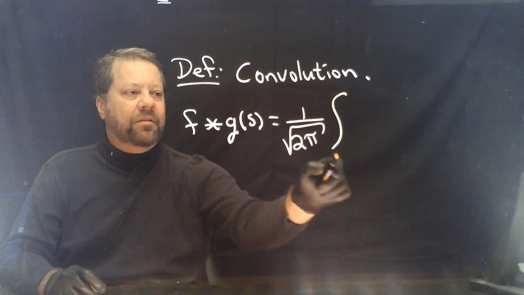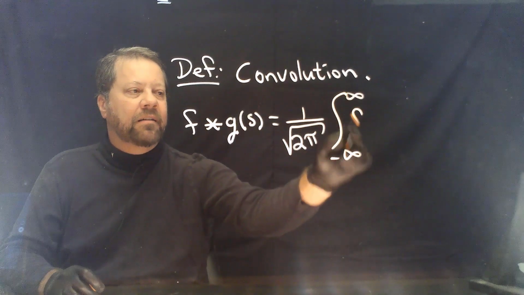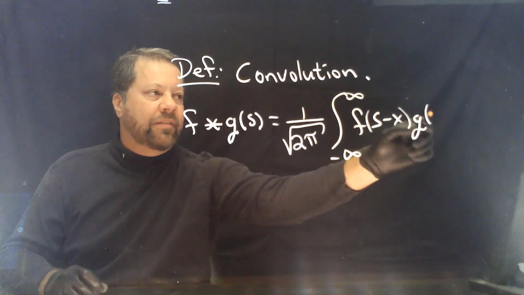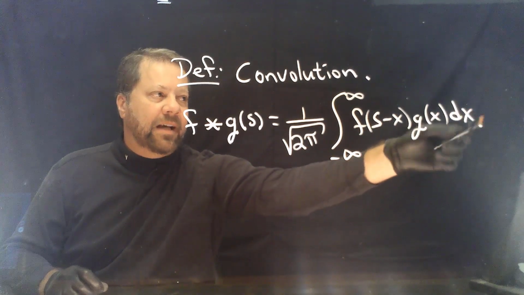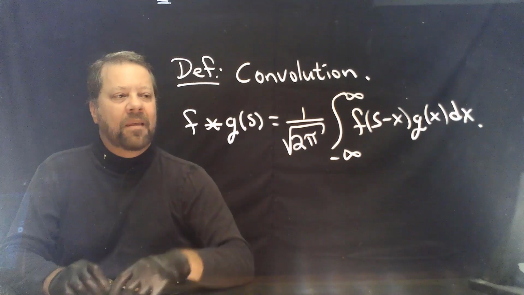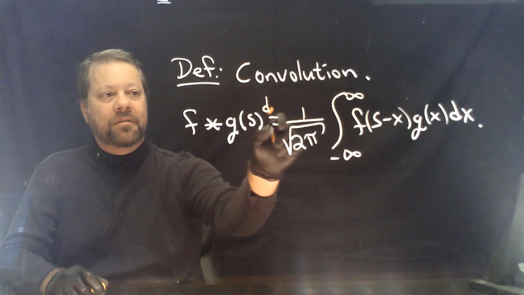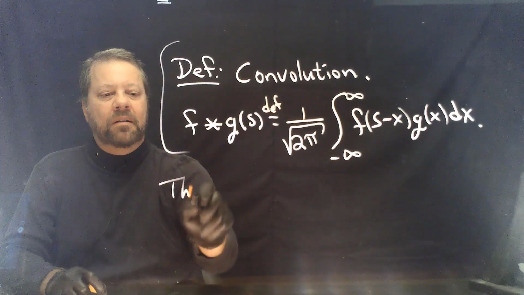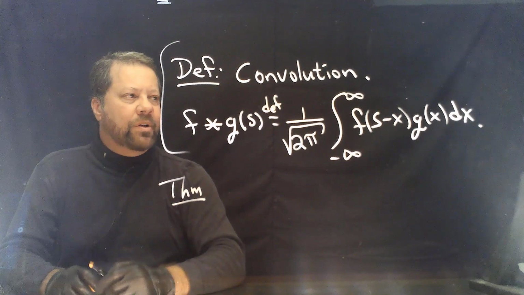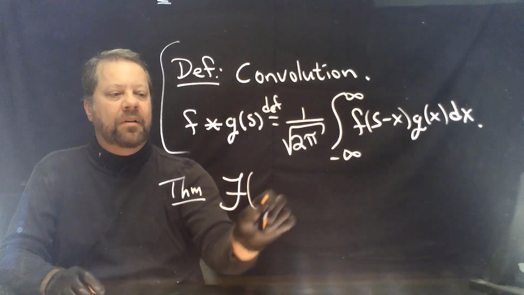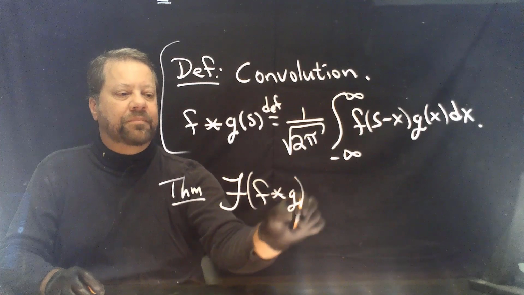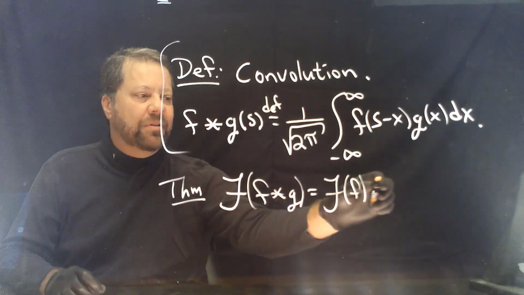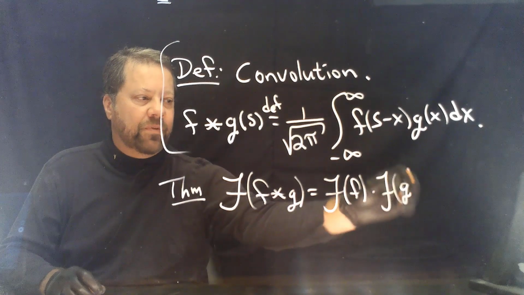It's going to be the integral from -infinity to infinity, f of s minus x g of x dx. This is by definition, so we accept this. The theorem that will be important to us is that the Fourier transform of f convolved with g is the Fourier transform of f times the Fourier transform of g.